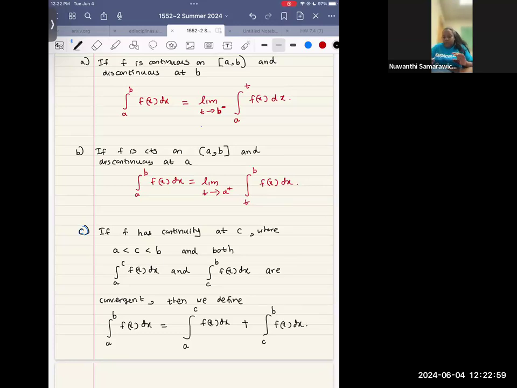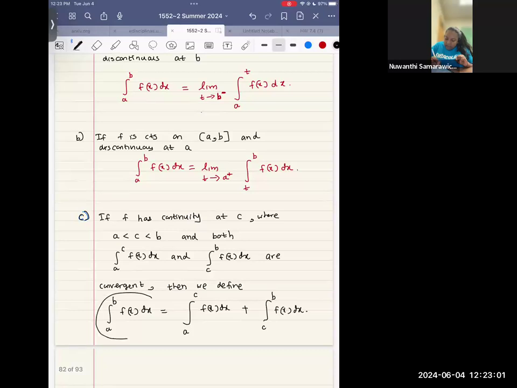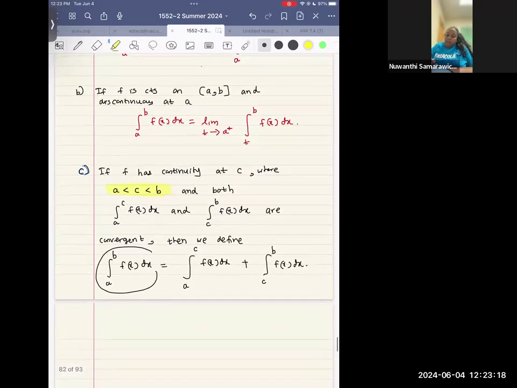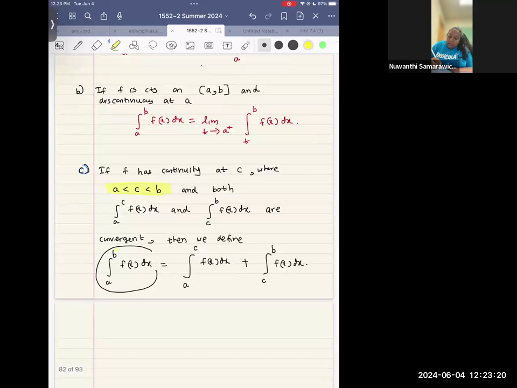If both are convergent, we can say this whole thing is convergent. The idea is the discontinuity point is between a and b, so if it is that scenario, this is what we use.